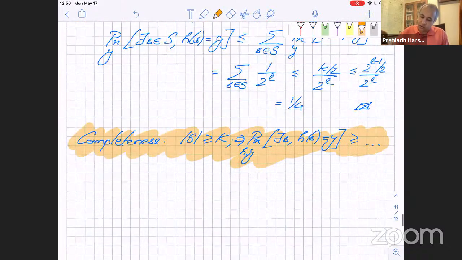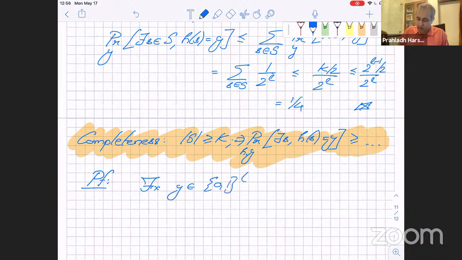In fact, here we will show the other direction. Let's fix a y in {0,1}^L, and let's ask what's the probability over h that there exists an s in S such that h(s) equals y.